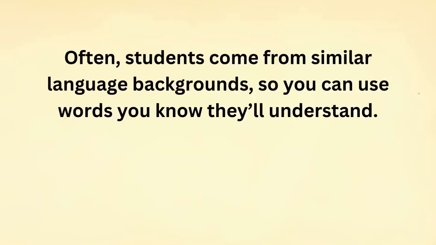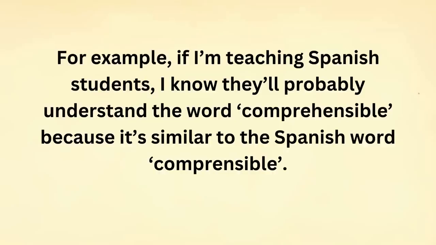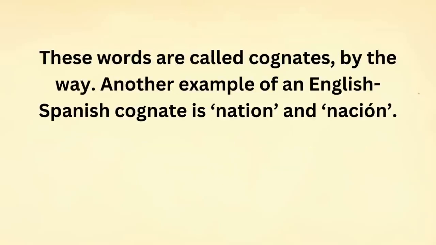Often, students come from similar language backgrounds, so you can use words you know they'll understand. For example, if I'm teaching Spanish students, I know they'll probably understand the word comprehensible, because it's similar to the Spanish word comprensible. These words are called cognates, by the way. Another example of an English-Spanish cognate is nation and nación.